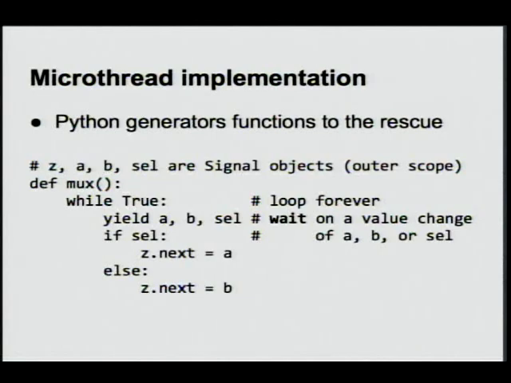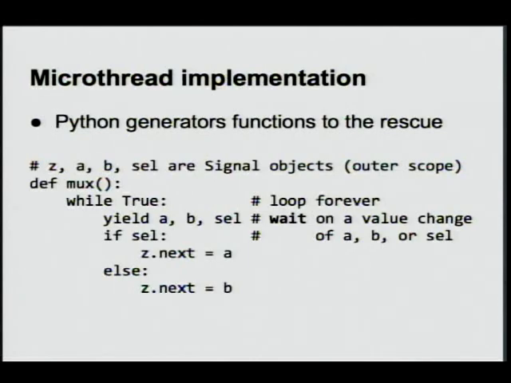They are generated from generator functions. So, for example, here we have a generator function, and you have a few signals, Z, E, B, cell, which are defined in an outer scope, because we use generators in a nested way in MyHDL.